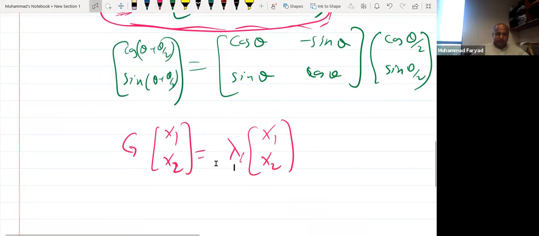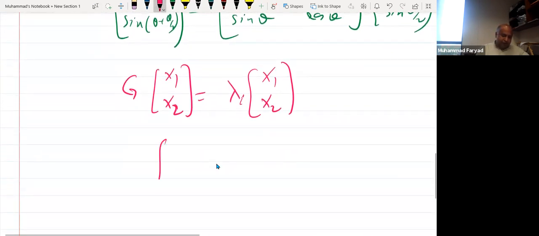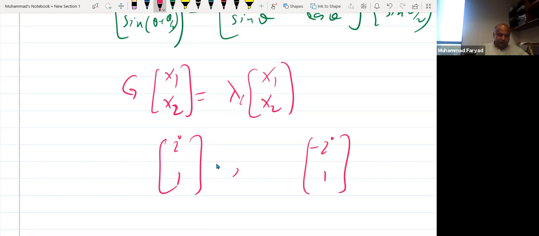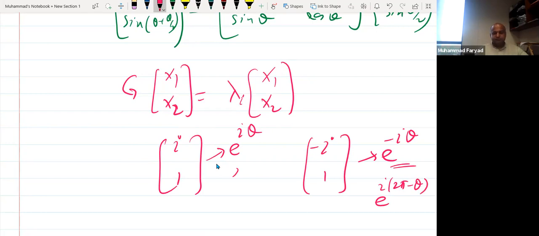But at the end, you will see that we have two eigenvectors. One is iota 1 and the other is minus iota 1. And this has eigenvalue exponential iota theta, and this has eigenvalue exponential minus iota theta. And this, by the way, can also be written as exponential iota 2 pi minus theta.